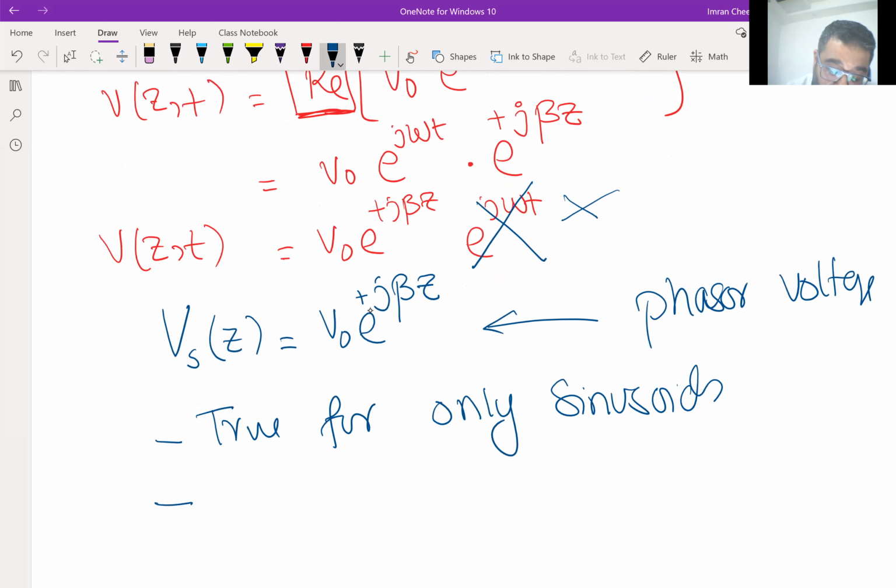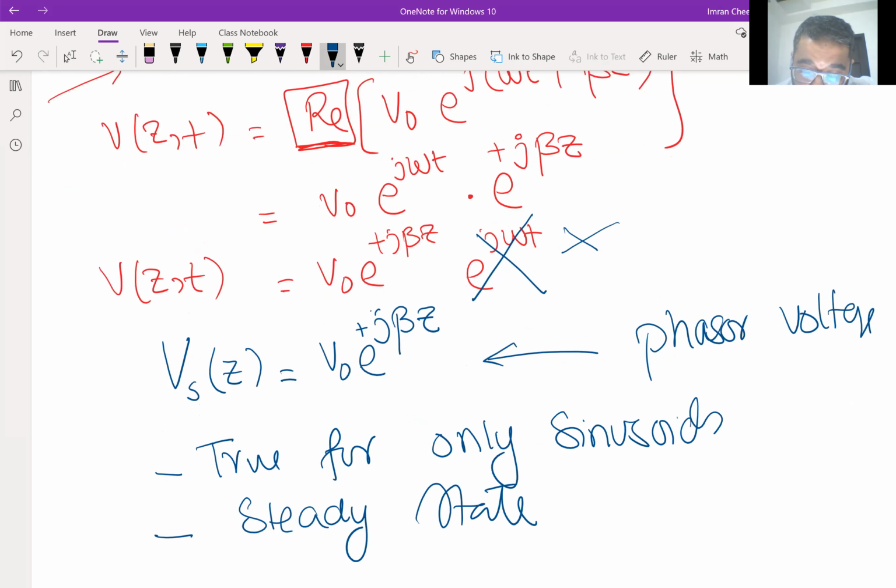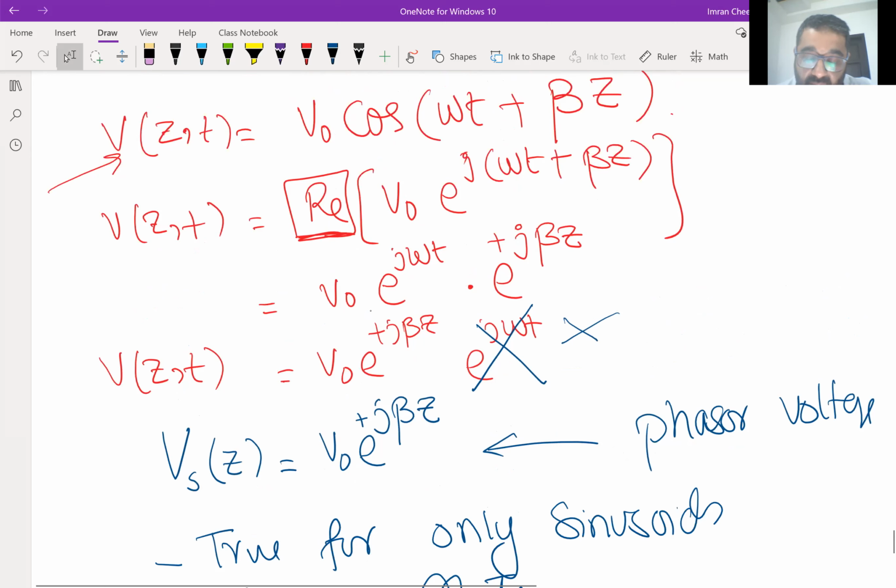Student: Sir, if temporal frequency remains the same, then why does spatial frequency vary? Because velocity can change. Because beta is omega over velocity, and velocity can change. Anything could happen. And what causes the velocity to change in transmission lines?